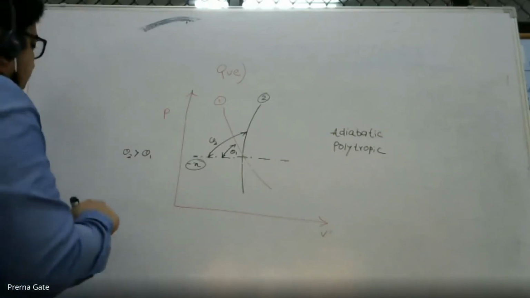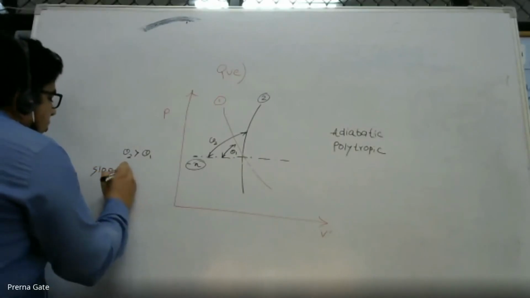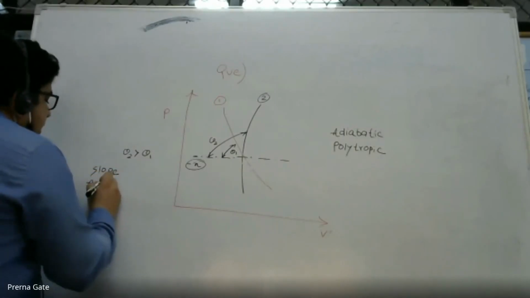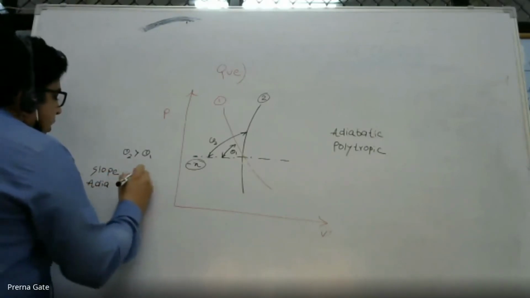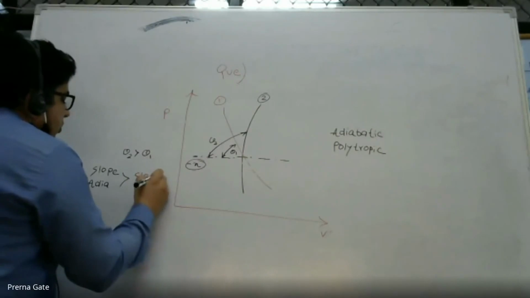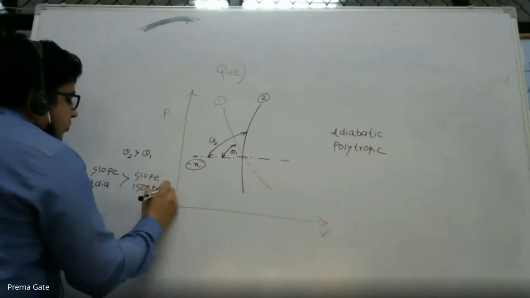You have to remember that the slope for an adiabatic on a negative x-axis is always greater than the slope for an isothermal process.